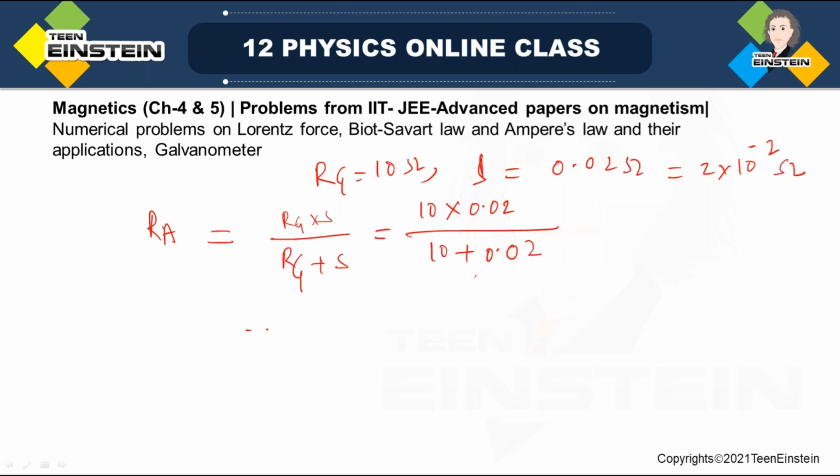Look here, it is actually 0.2 ohm divided by 10.02. If we approximate, this will be nearly equal to 0.02 only, or even lesser than that.